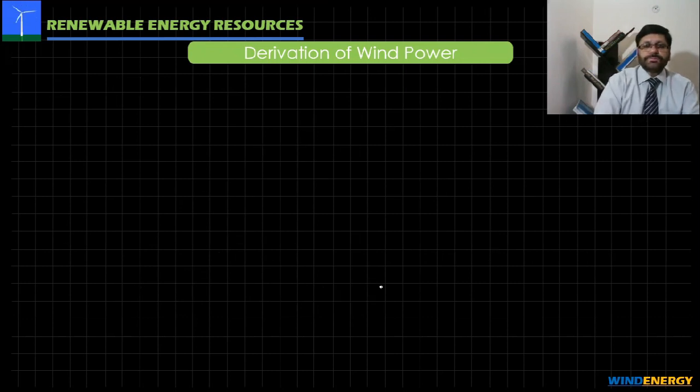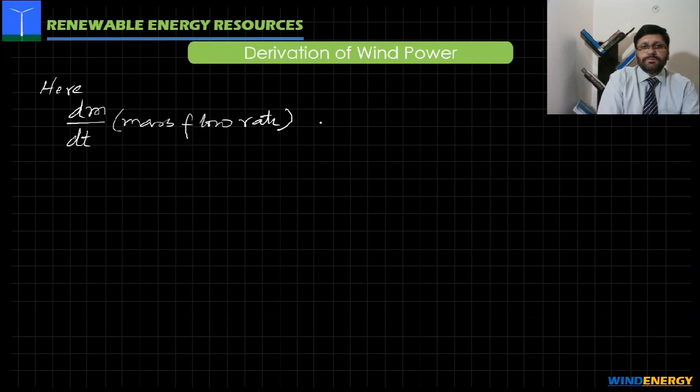Here we know that dm over dt is the mass flow rate, which is equal to rho a dx over dt.